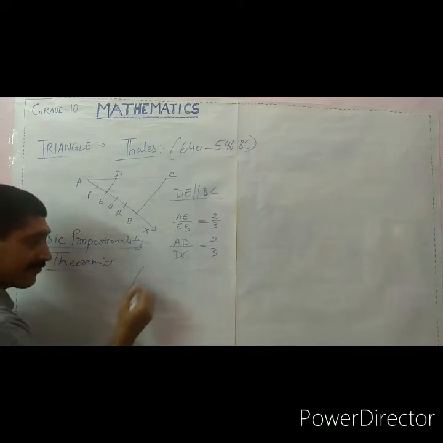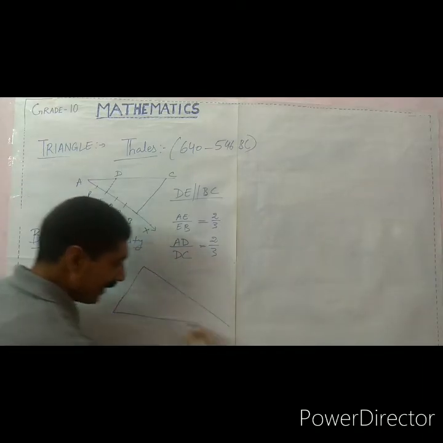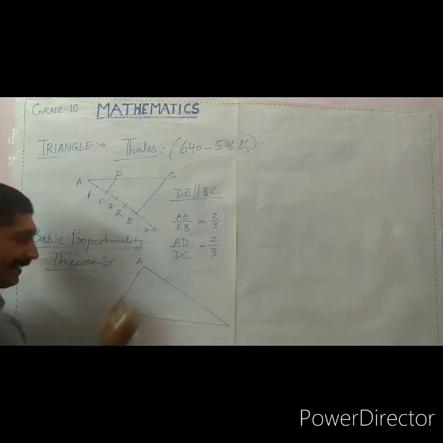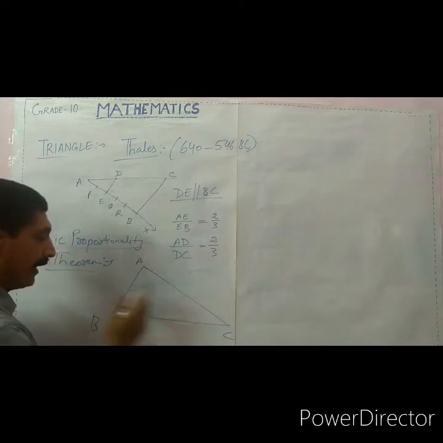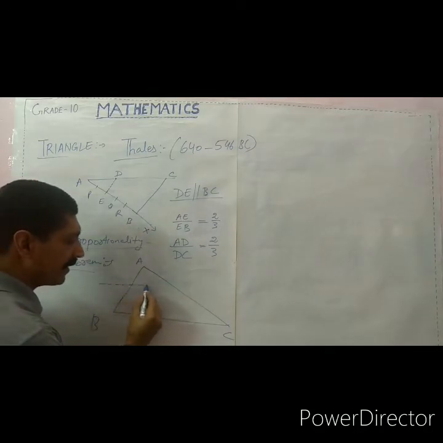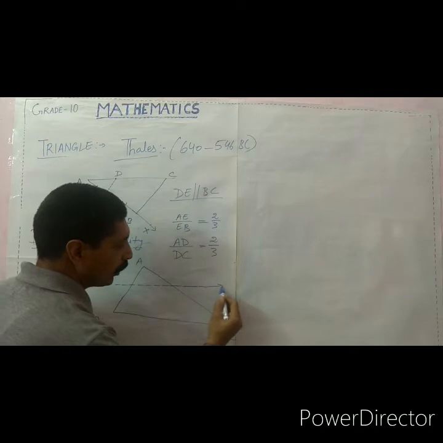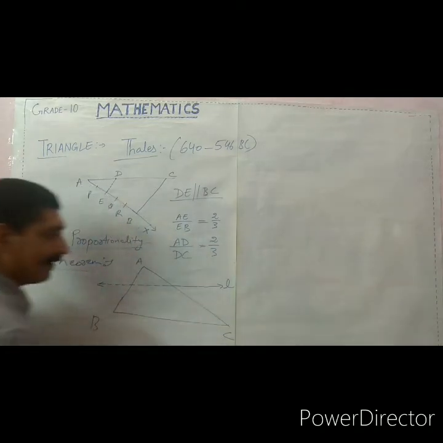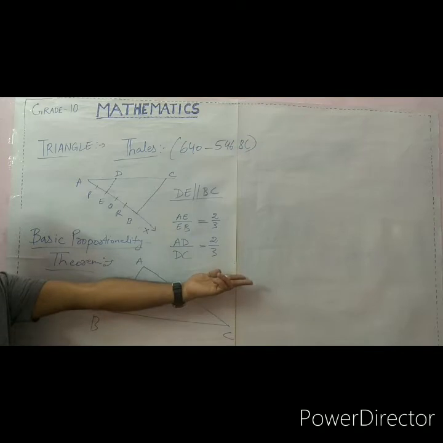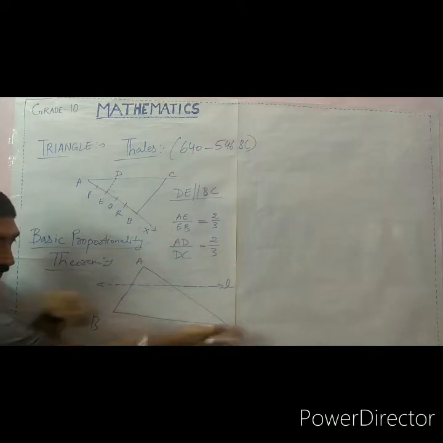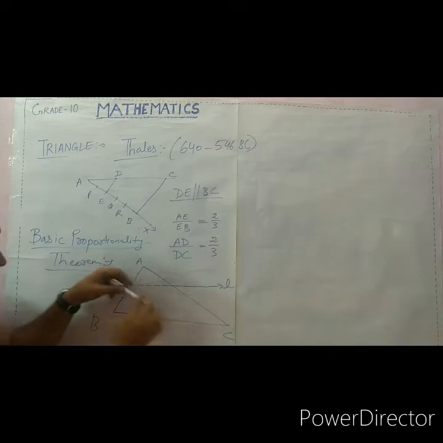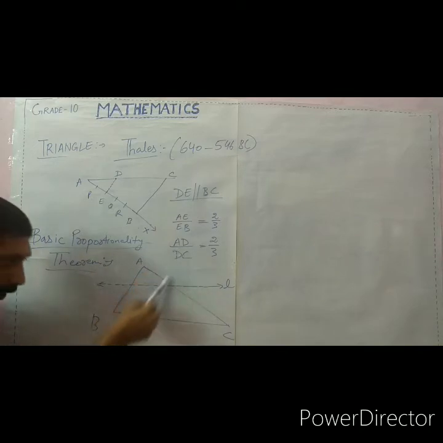If in any triangle, let ABC be a triangle, if any line is drawn parallel to any one side from anywhere, let this be line L. We can draw a line parallel to AC, or if a side is AB, we can draw a line parallel to AB from anywhere.